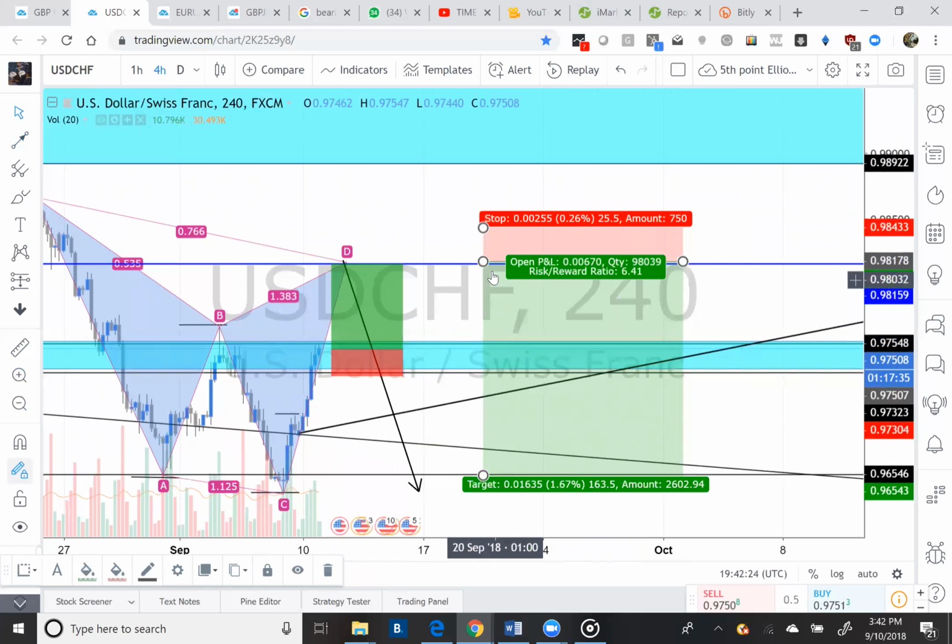I position my trades in such a way that my stop losses are typically behind major support and resistance levels. Because if it's a major support or resistance level, then it's like a fence protecting the trade from passing over the fence. And so I expect the trade not to go too far behind this line here.